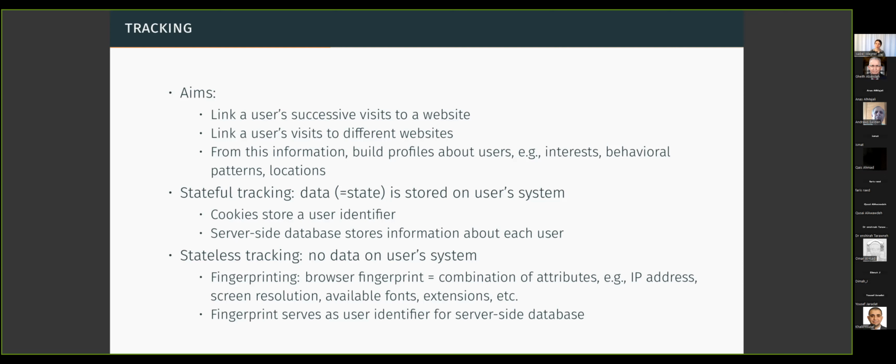The fingerprint can change over time. Maybe the user switches the screen resolution because they bought a new screen. Maybe they add a browser extension or add some fonts. So these fingerprints change over time, which means there is no guaranteed match to the server-side database. But the user is more powerless to do something about it because there is no data on the user system that they could delete.